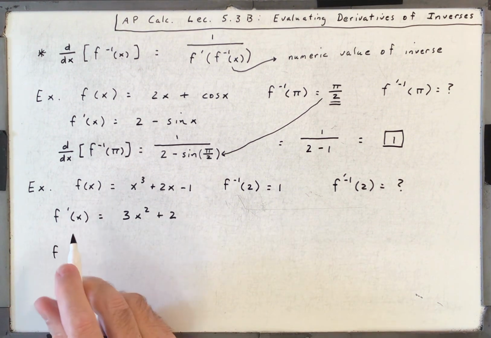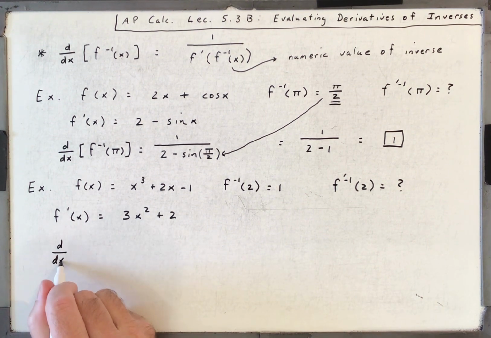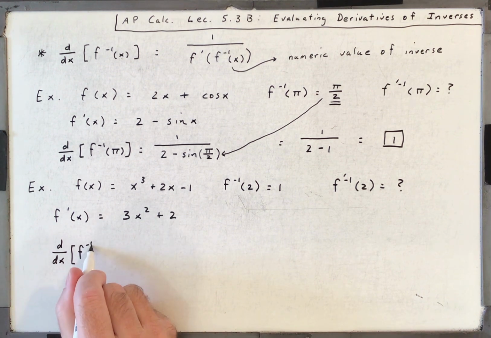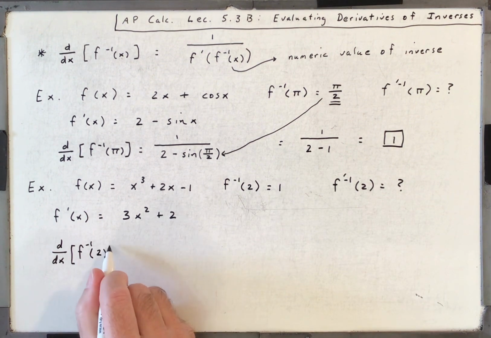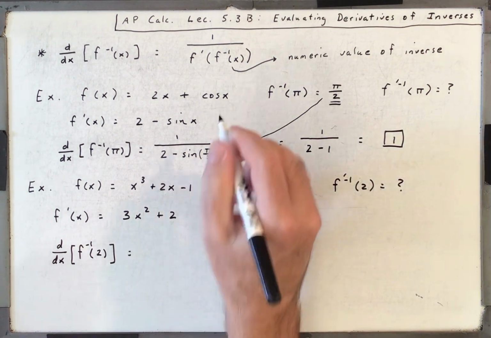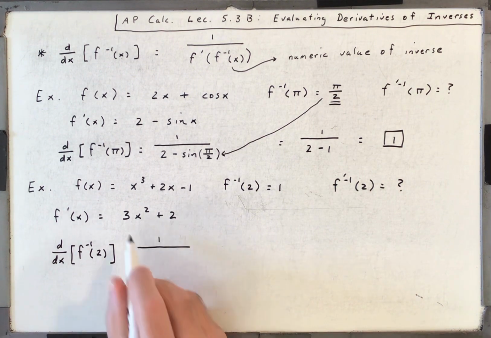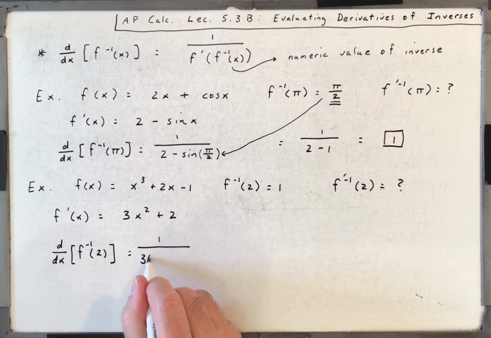So if we want to take the derivative at 2, we're going to use this formula. It's 1 over 3 times 1.